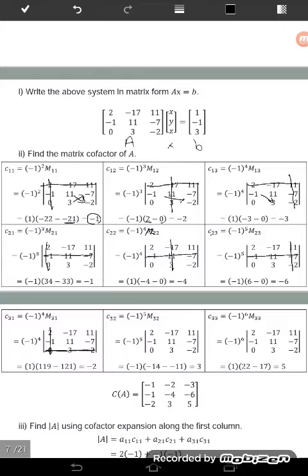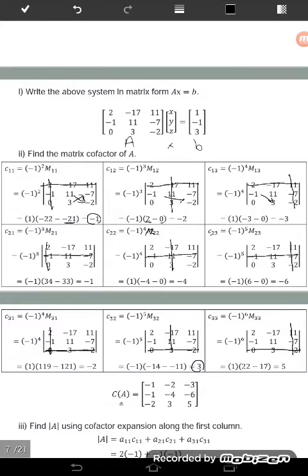And this one M32, close row number 3 and column number 2, calculate determinant and times with negative 1 power of 5, so we have 3. And then M33, close row number 3, column number 3, calculate determinant, and then times with negative 1 power of 6, so we have 5. And then susun masuk dalam cofactor.